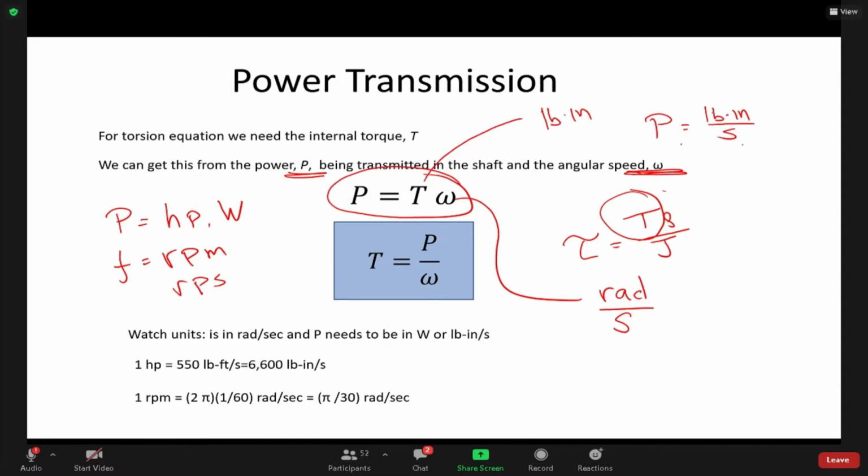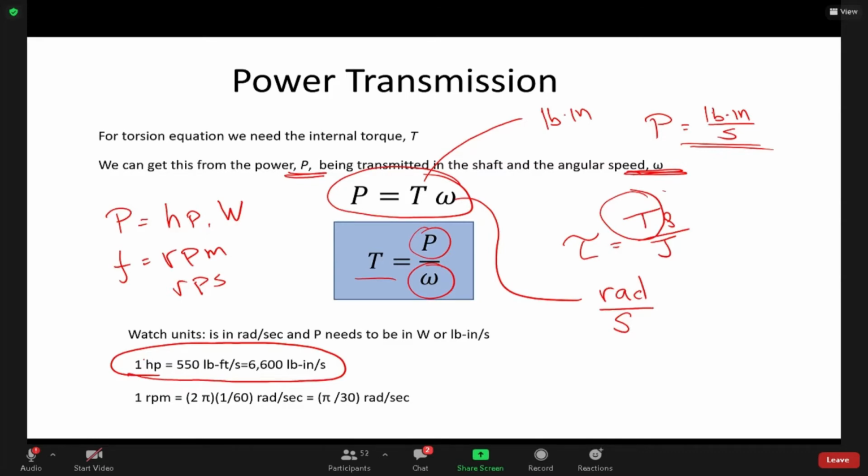Very often, you won't get it in terms of that. If they give you the power and the angular speed, you can then get the torque using the following relationship: the power over the angular speed. But we want to be careful about the units. If you're given horsepower for the power, there's no way to derive this.